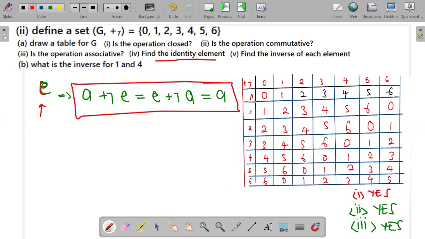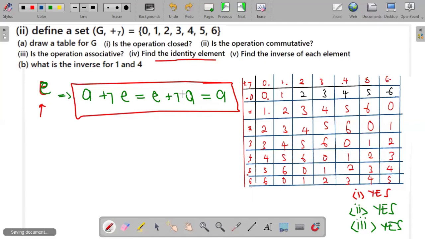For example, you can see here 0, 1, 2, 3, 4, 5, 6, and even here 0, 1, 2, 3, 4, 5, 6. So these 2 rows are following each other and have the same things. Or you can look for columns: 0, 0, 1, 1, 2, 2, 3, 3, 4, 4, 5, 5, 6, 6. So the element at the corner there is our identity element.